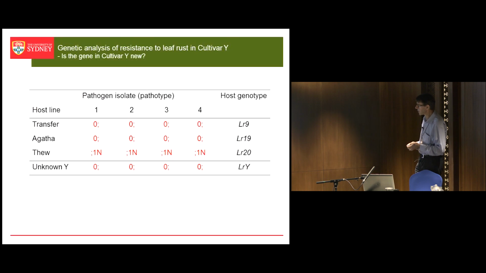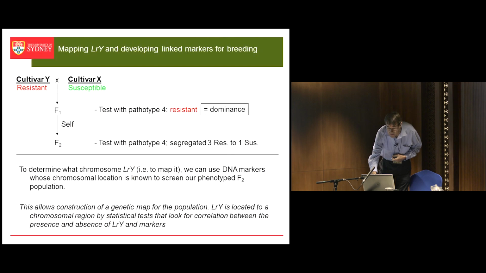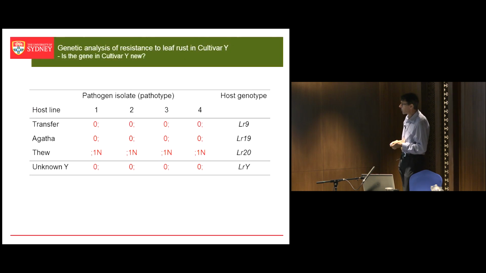This is what I've been calling wheat genotype unknown Y. It gives a low infection type, a naught infection type, to all 4 pathotypes. And on that basis, the other day, I said to you that we would probably say that this genotype carries either LR9 or LR19 or another resistance gene, a new one that we haven't found before.